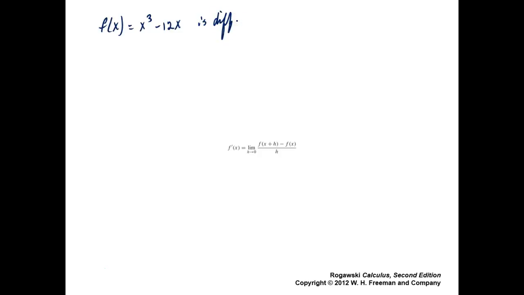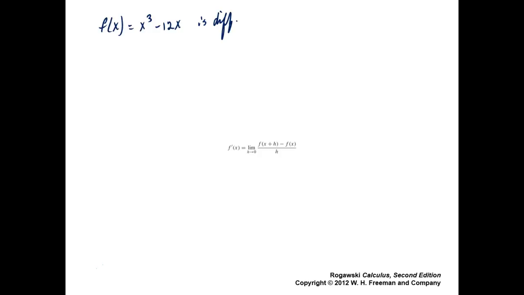I'm going to abbreviate like crazy. Now, what's required for it to be differentiable?